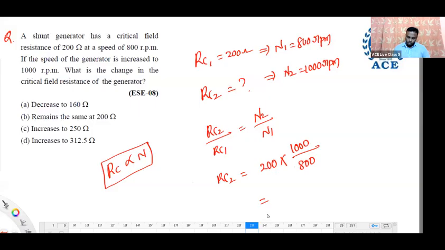Yes, 250, correct. The new value of critical field resistance increases to 250 ohms. So directly you can strike out these two. Definitely the answer is an increase, but how much, for that we need to find it: 250 ohms.